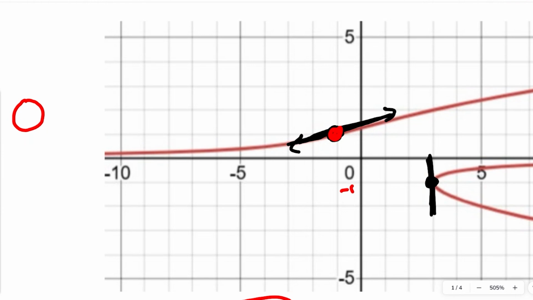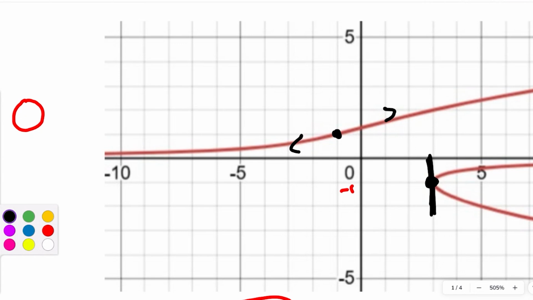Now, it's a little hard to tell here just because of the way the graph is barely going up. But if you had to guess, just by looking, at that point right here, does it appear as though it's concave up or concave down?